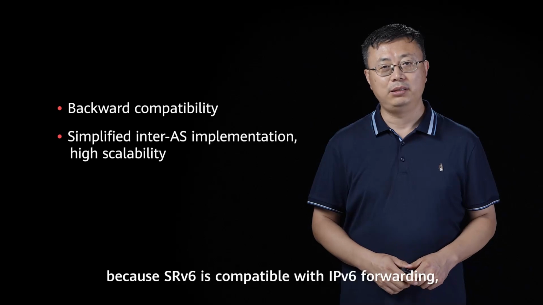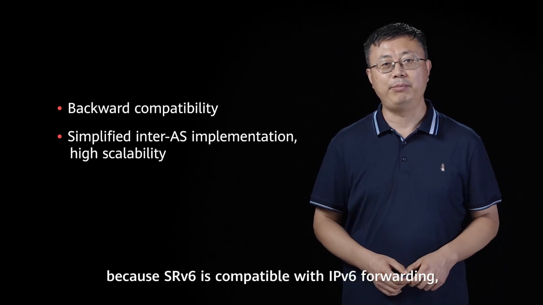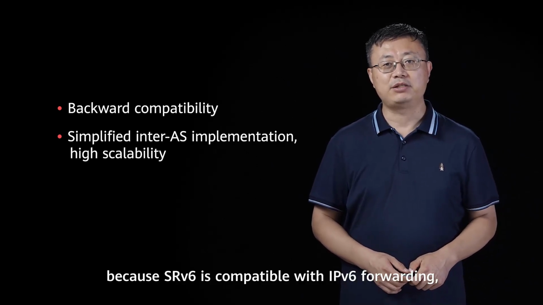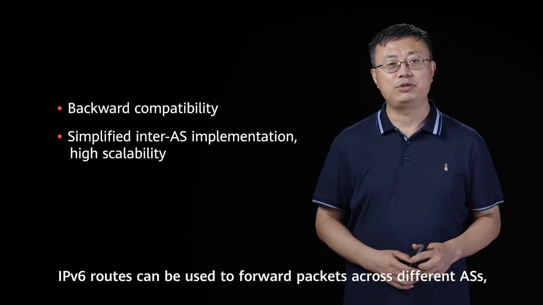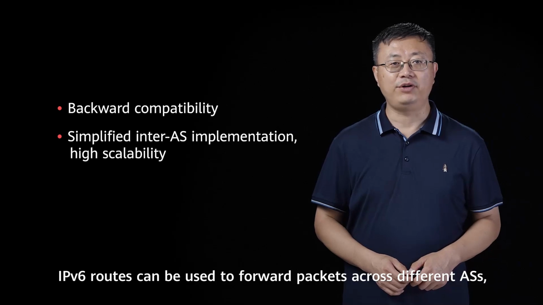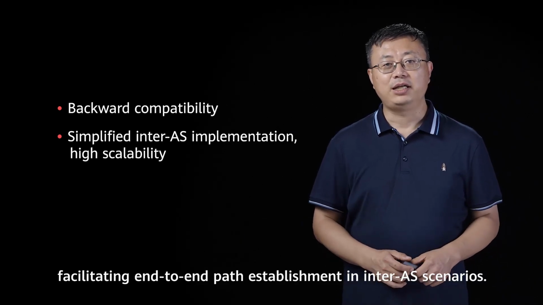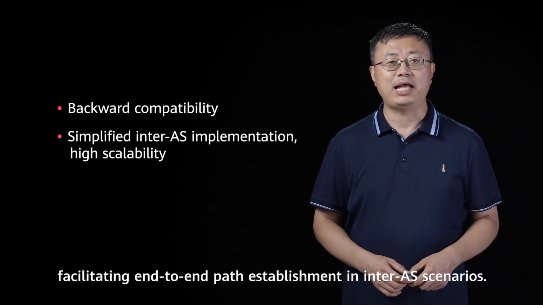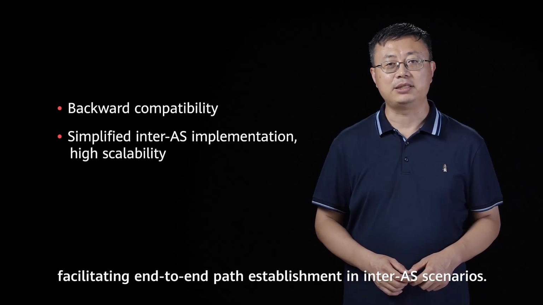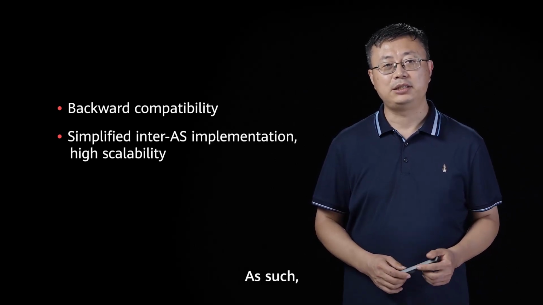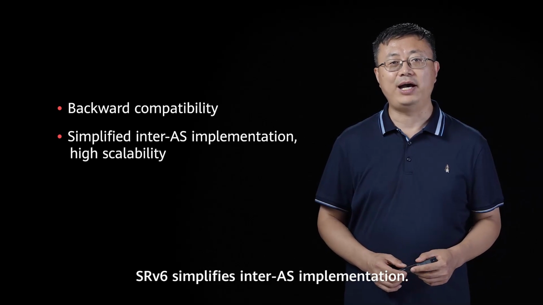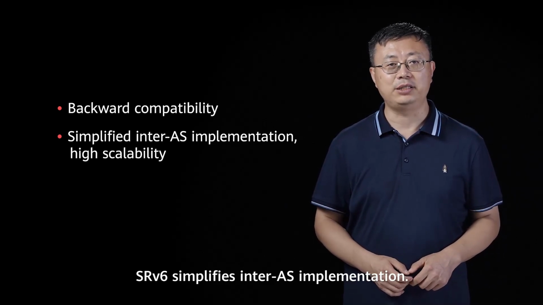In contrast, because SRv6 is compatible with IPv6 forwarding, IPv6 routes can be used to forward packets across different ASs, facilitating end-to-end path establishment in inter-AS scenarios. As such, SRv6 simplifies inter-AS implementation.